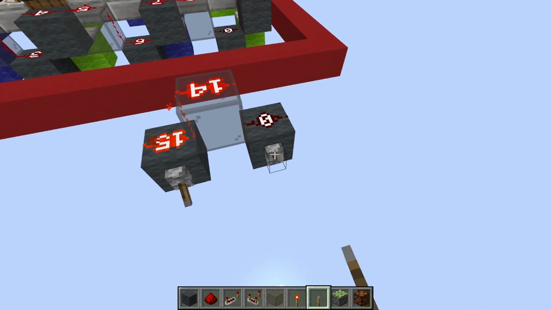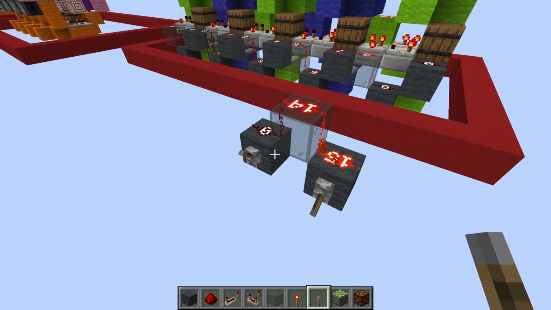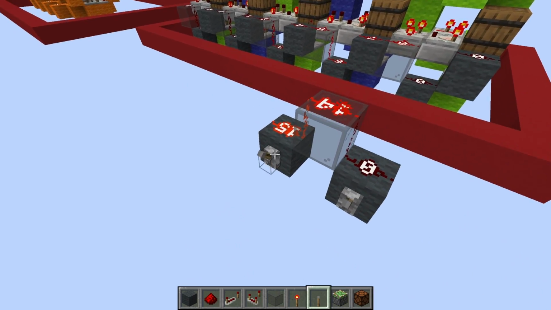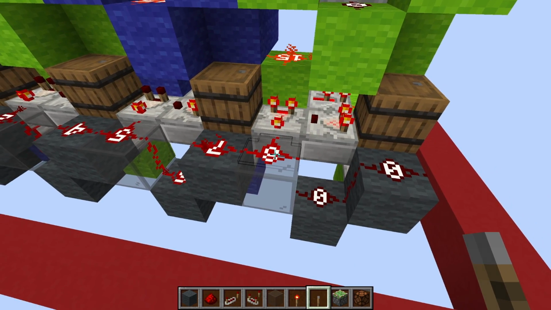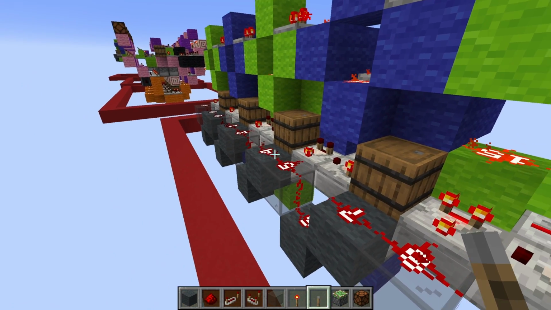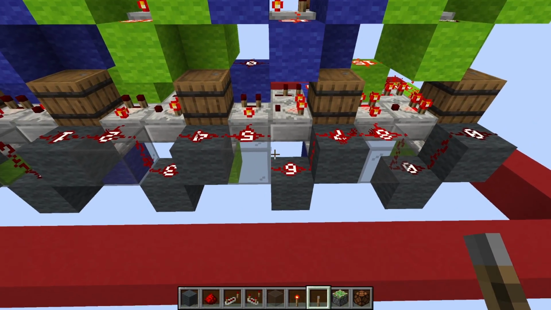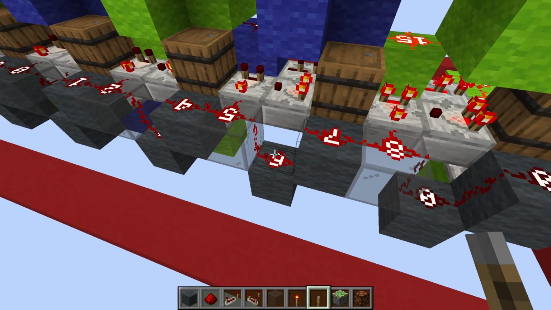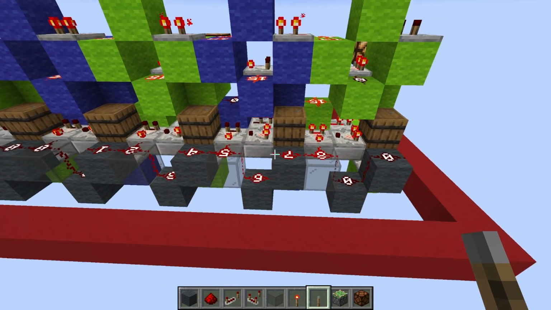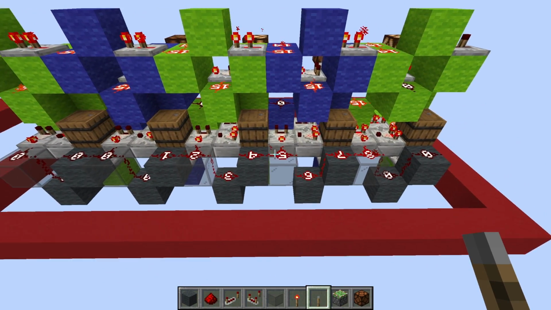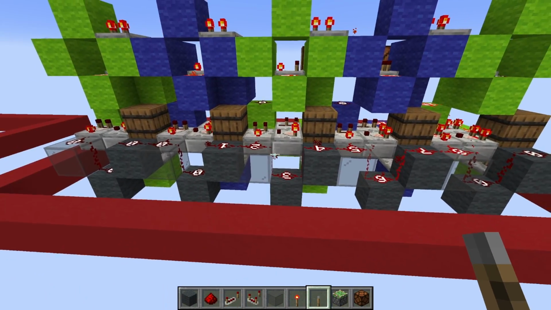So if I were to place this lever down here and just swap them like that, you'll see, there you go. Interesting, right? So it makes sure that this signal strength of 8 only propagates in this direction and not in both directions. And you can see here that it dips down and back up just fine because it can travel up fine, but it can't travel down. A very interesting quirk with redstone that isn't used very often, but when it is used, it's actually very, very nice and handy. So there we go.